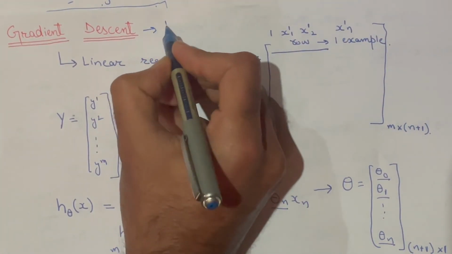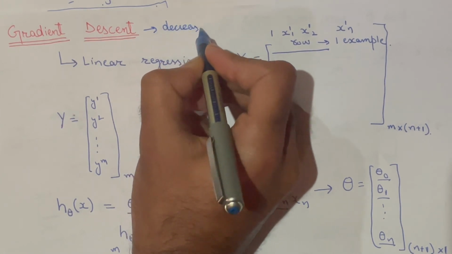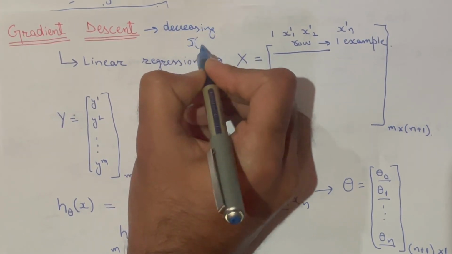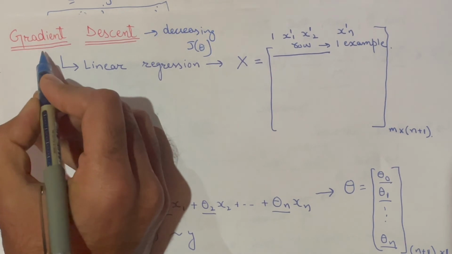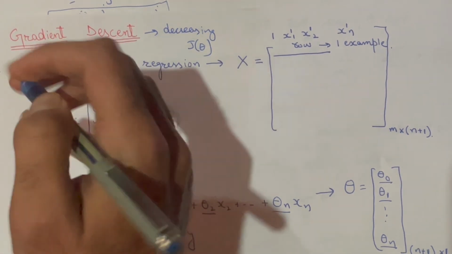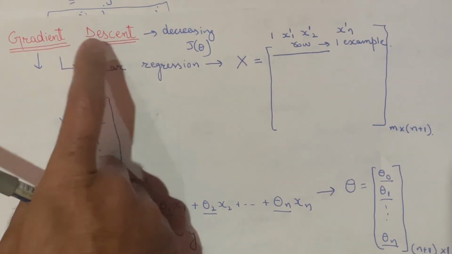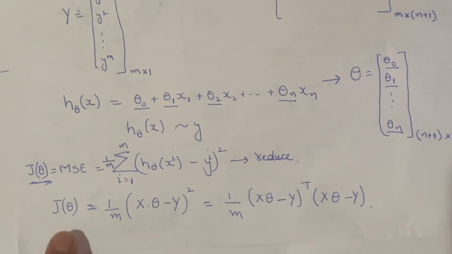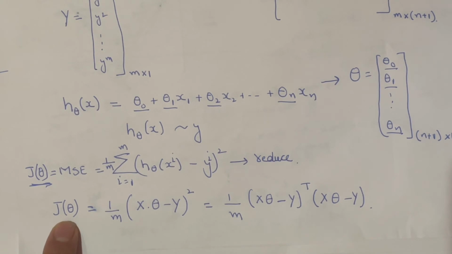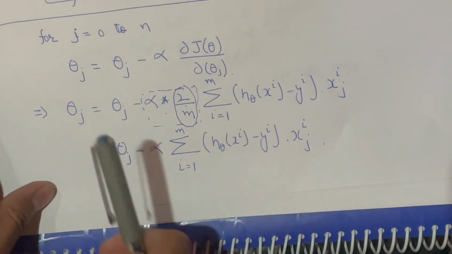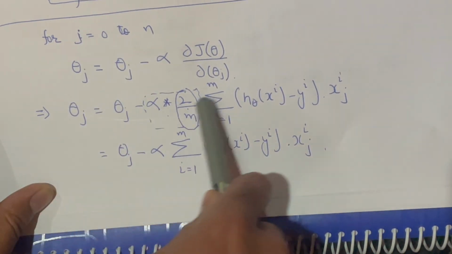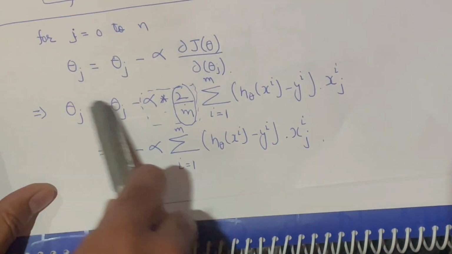Descent means decreasing cost or j theta, and gradient here means that we are finding the slope or decreasing side of j theta. Okay, that is why gradient descent. So we are trying to find the minimum value of j theta, and we are doing that by updating our theta by this particular equation, and we have already found out why this equation.